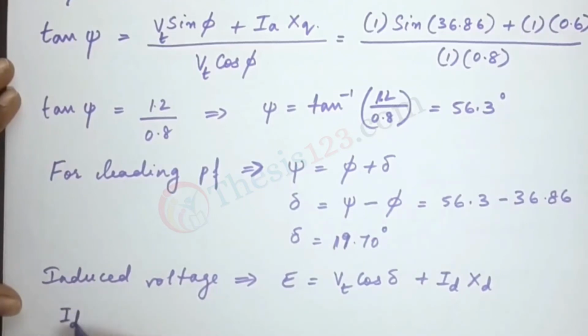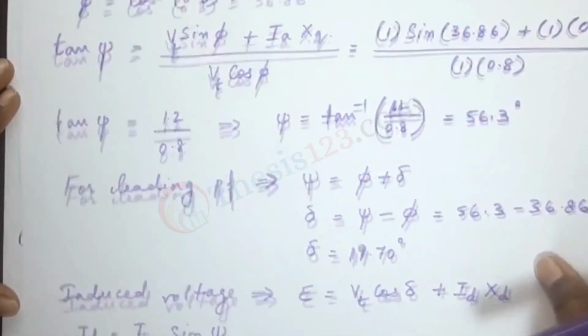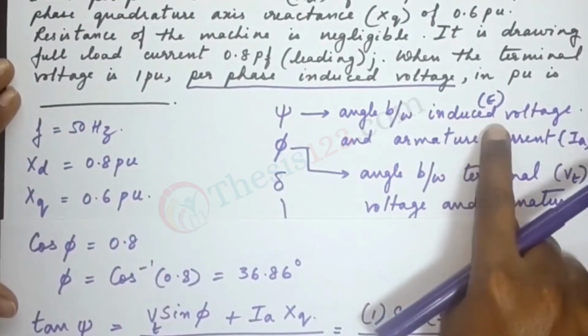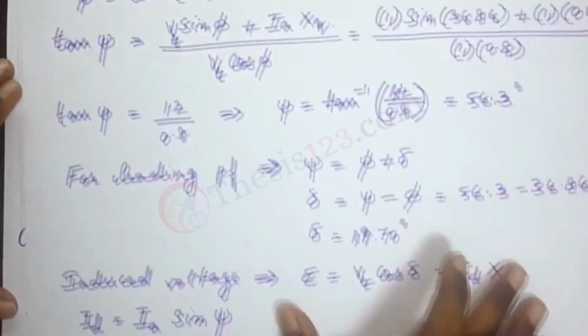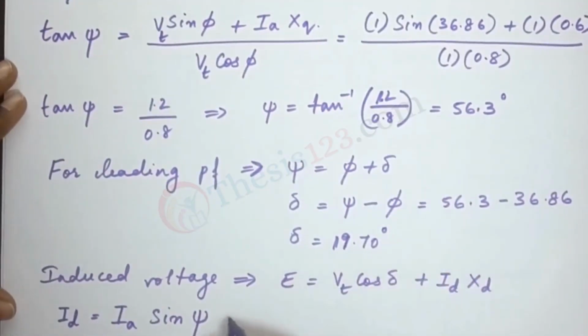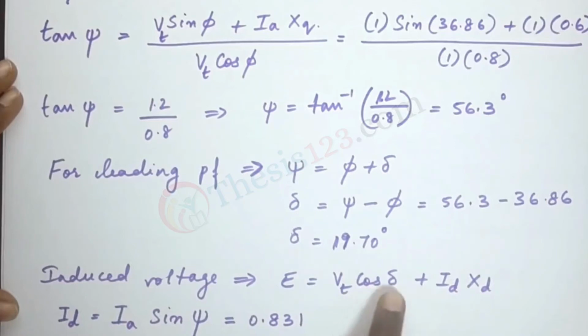So Id can be written in terms of Ia, that is the armature current, into sine of psi, the angle between the induced voltage and the armature current. So Id, once you solve, that's 1 into sine of 56.3, it gives us 0.831. So substituting Id value, Xd value, Vt value and cos of delta 19.7, we will be able to find out what the value of E is.